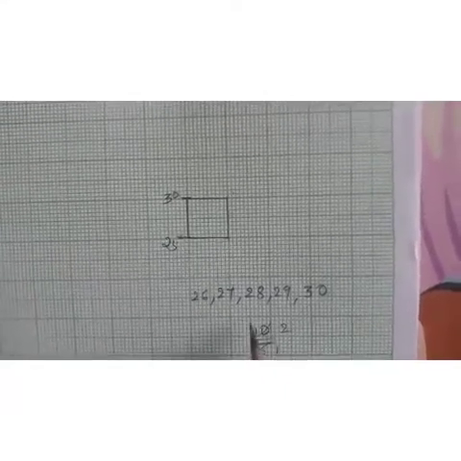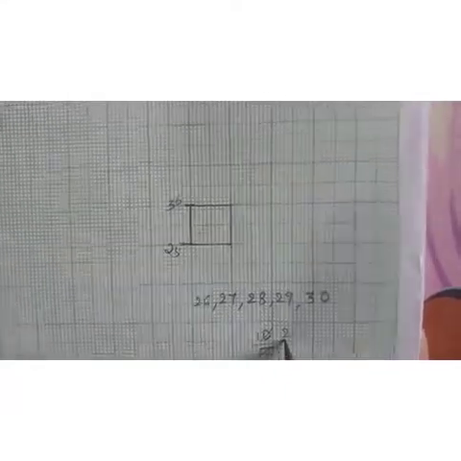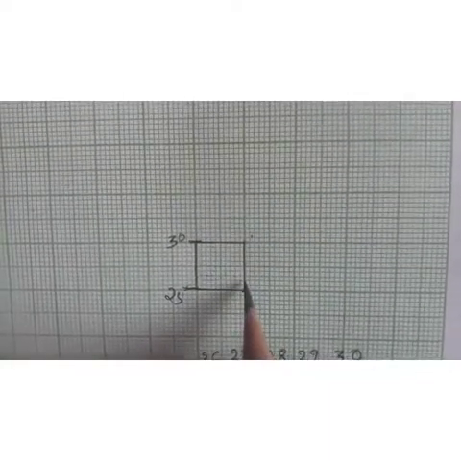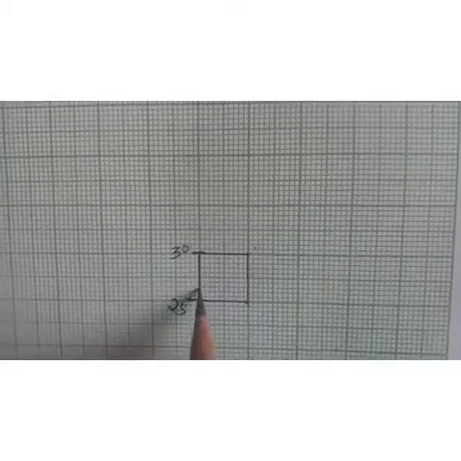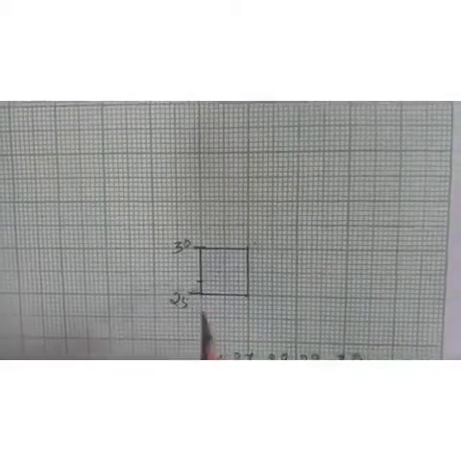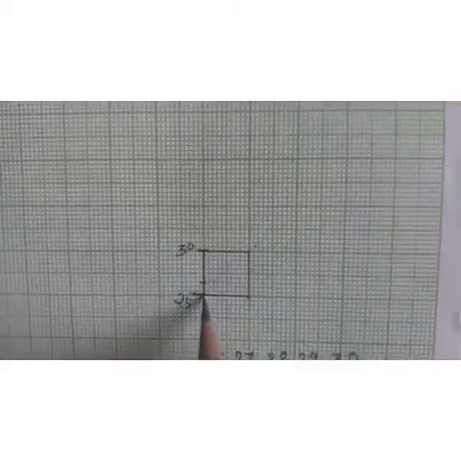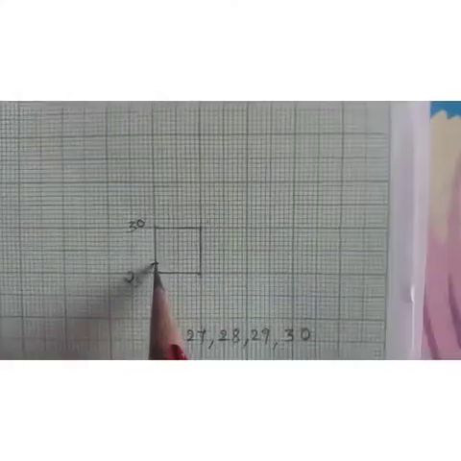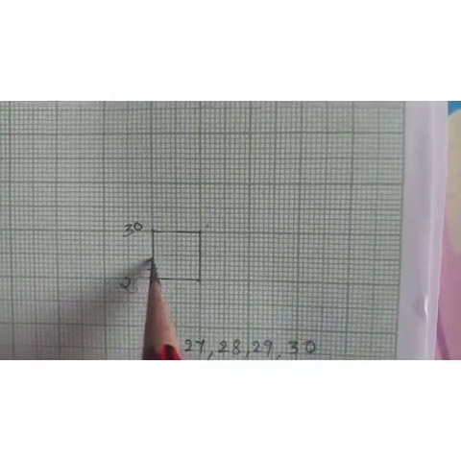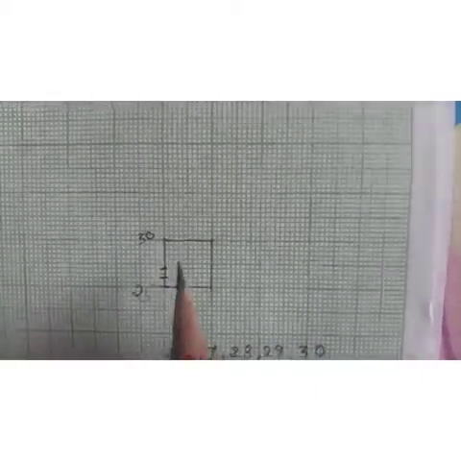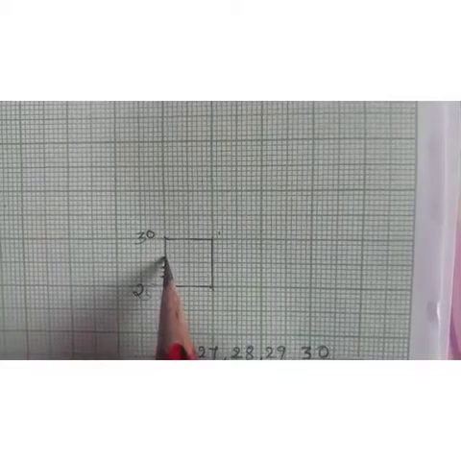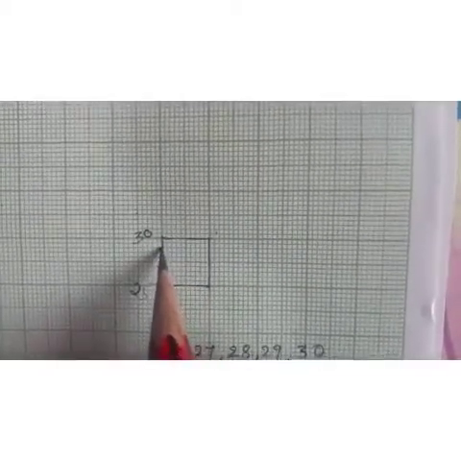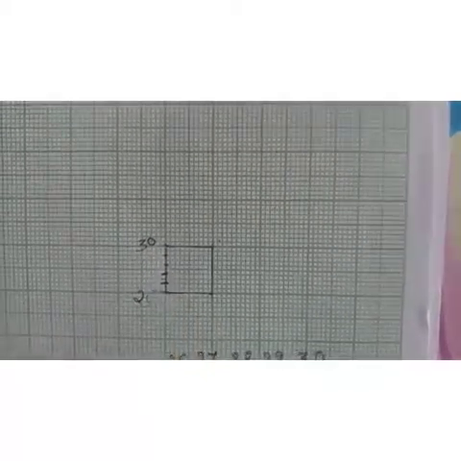So for every one number you have to leave 2 lines. So after 25, 1 line, 2 lines, it will be 26. Next, again after 2 lines, it will be 27. Again 1, 2, 28, 1, 2, 29. Again after 2 it will be 30.